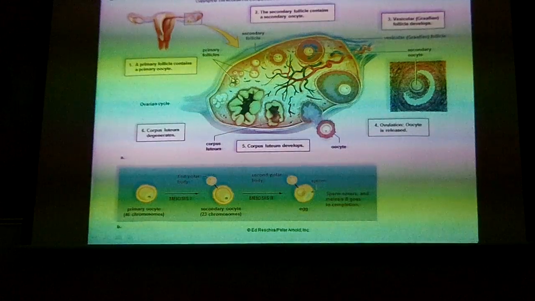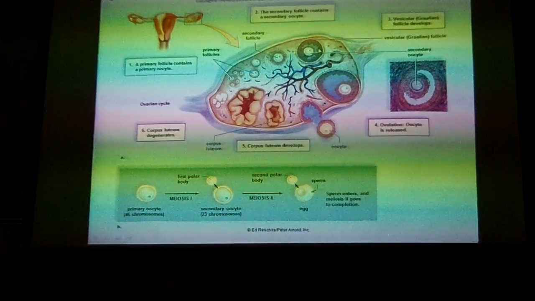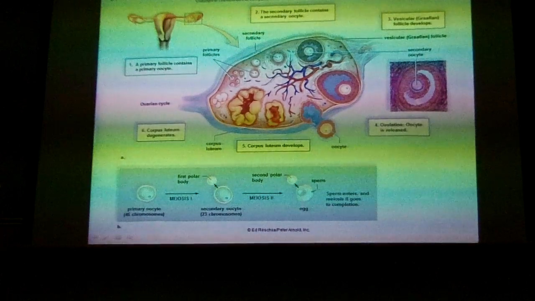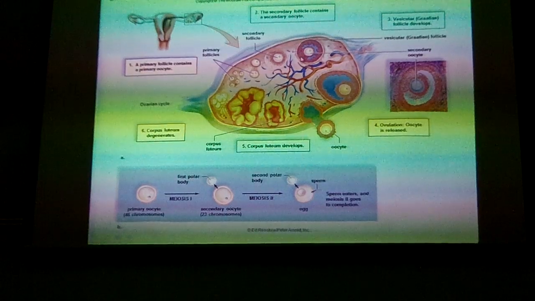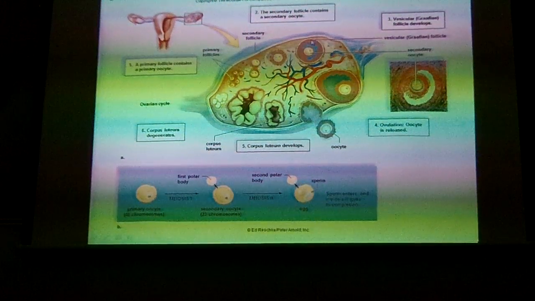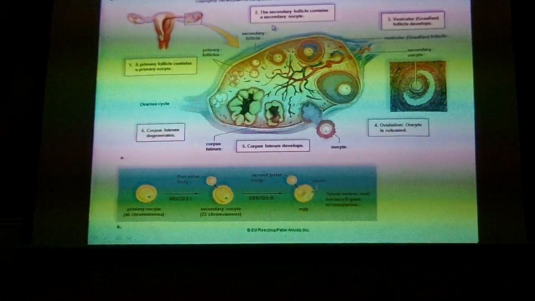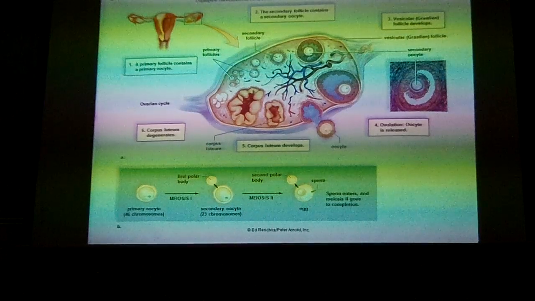You see, here's the original small follicle, and here it is getting bigger and bigger. And there are cells all around the outside, and these cells emit a hormone of their own. The follicular cells squirt out a hormone called estrogen.